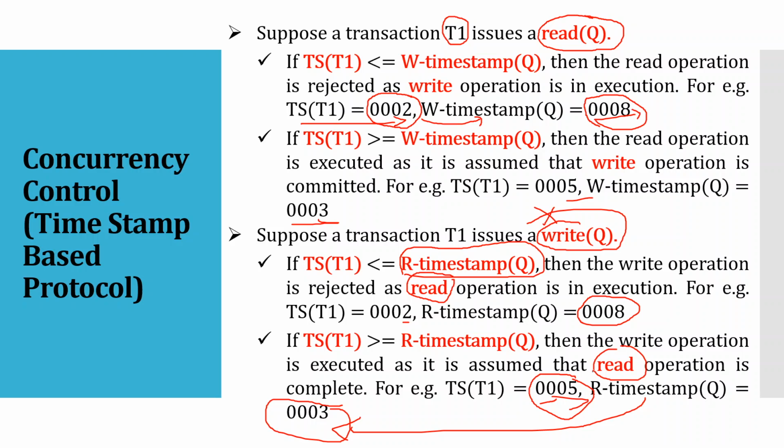You can see that based on timestamp it is either rejecting the transaction's request or allowing it. So this is what the timestamp based protocol is. You have to just match the values of the timestamp and follow the conditions of read and write operations.